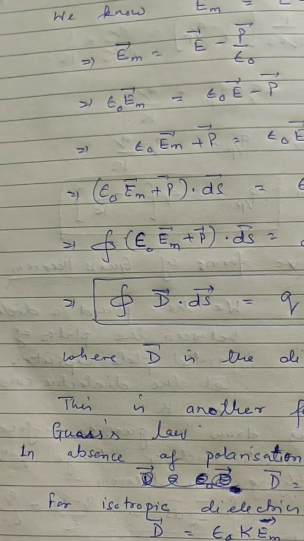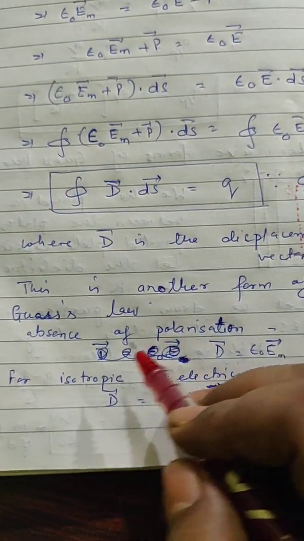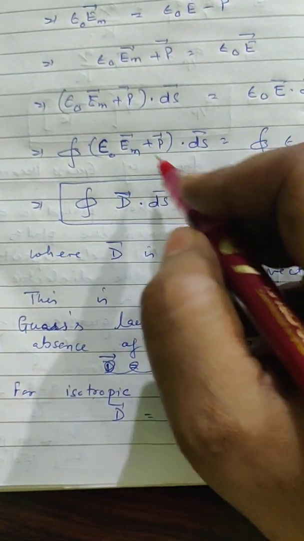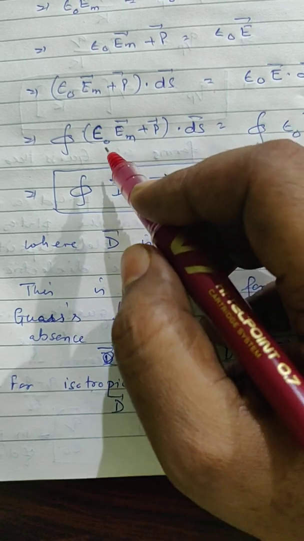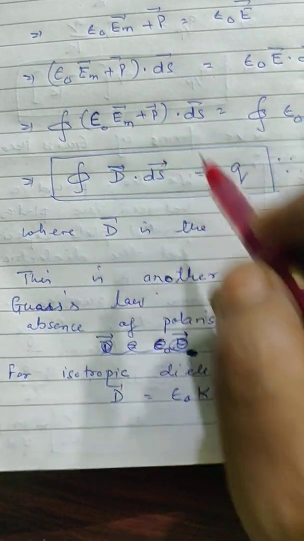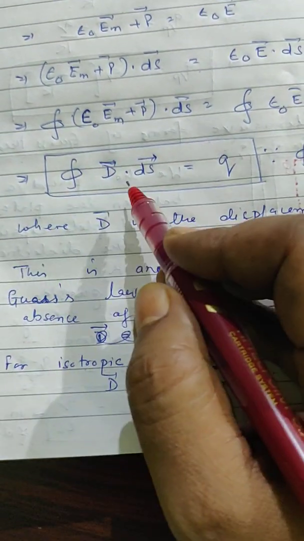If there is no polarization, then it's obvious that this vector will be equal to 0, and displacement vector would be only epsilon naught into EM. So this is again another form of Gauss's theorem in terms of displacement vector.